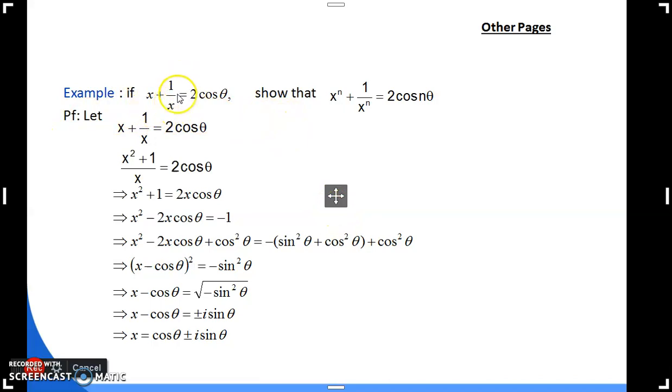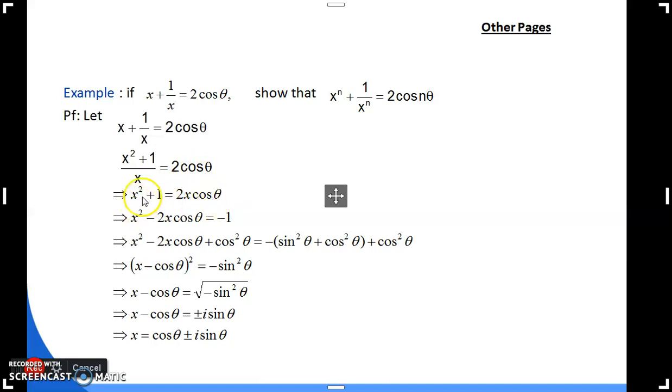If x plus 1 by x equals 2 cos theta, then x to the power n plus 1 by x to the power n equals 2 cos n theta. So let x plus 1 by x equal 2 cos theta. That is given. So let us solve this equation. Take LCM x. In the numerator, x square plus 1 equals 2 cos theta. Then cross multiply: x square plus 1 equals 2x cos theta.